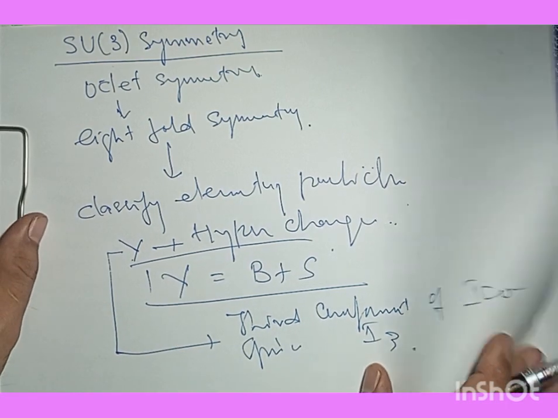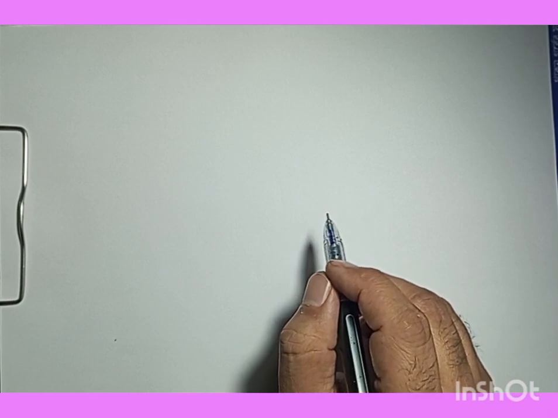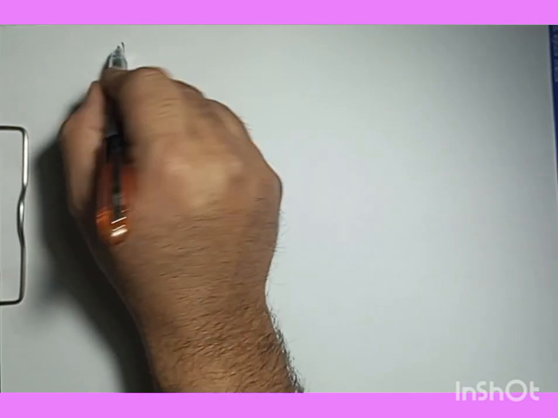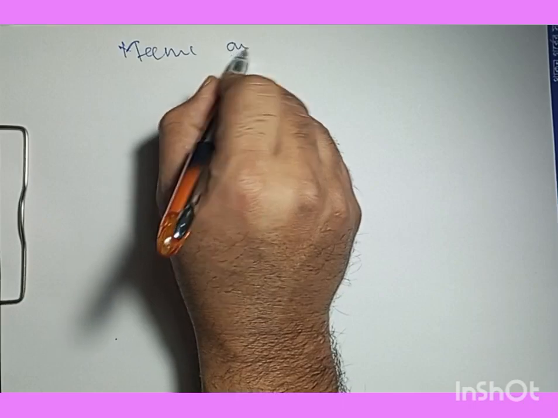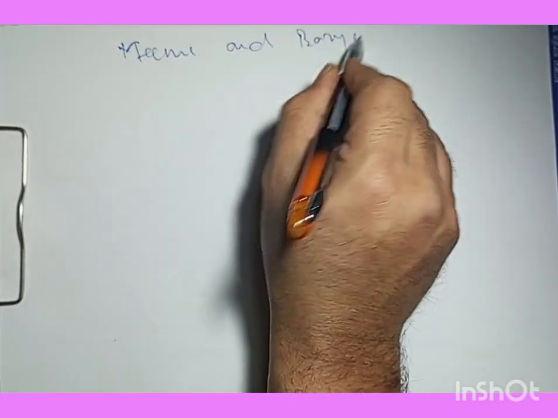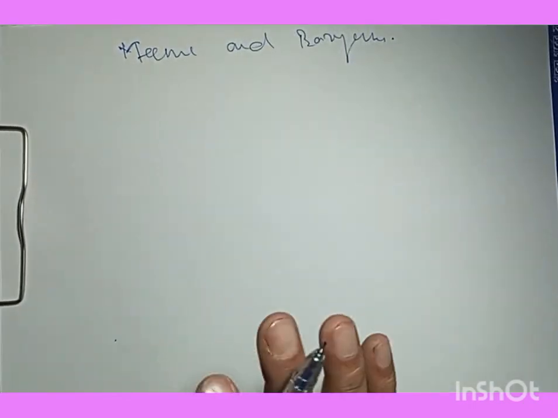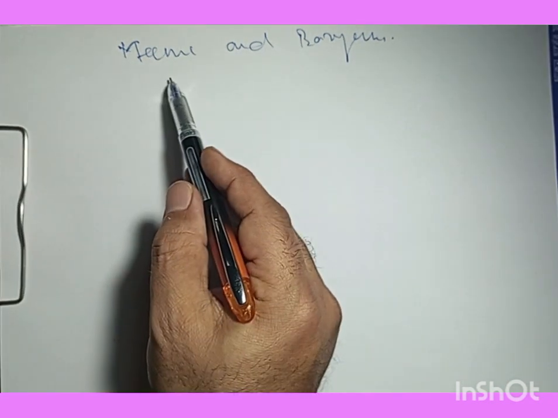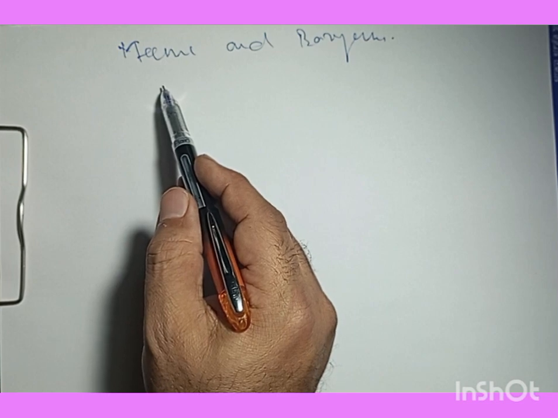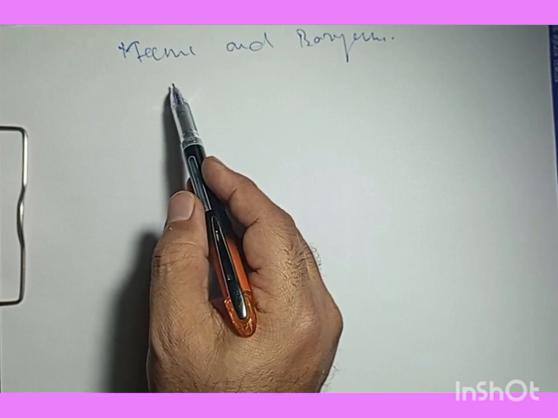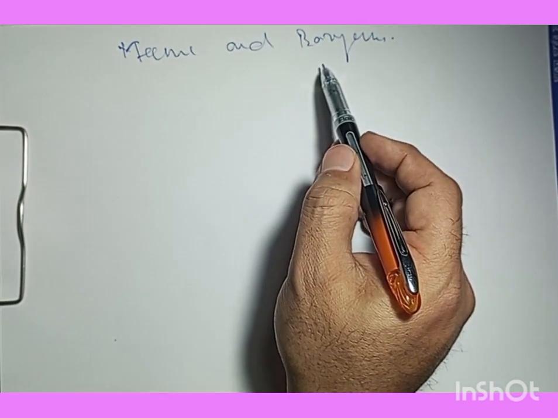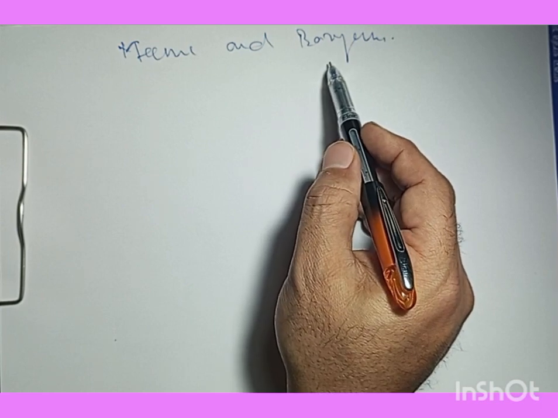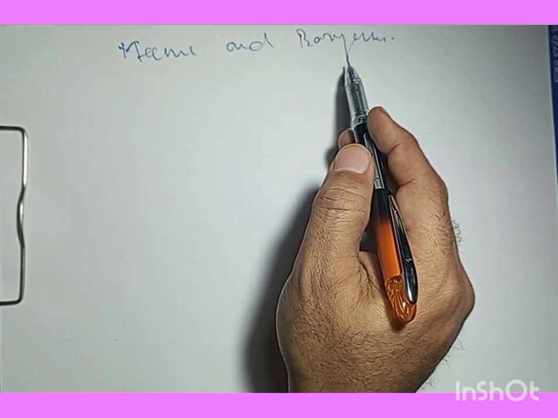Now, we understand that mesons and baryons have similar properties, in the sense that all the mesons are bosons with zero spin, and all the baryons are fermions with half integral spin.